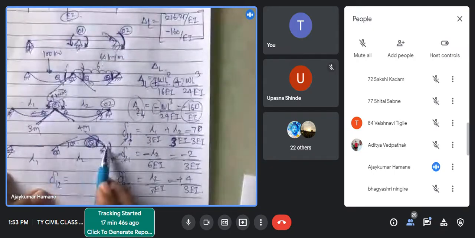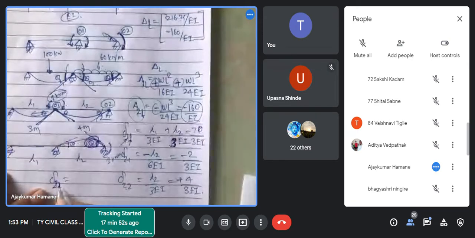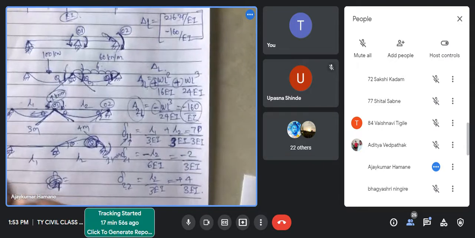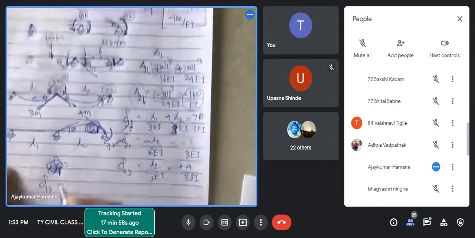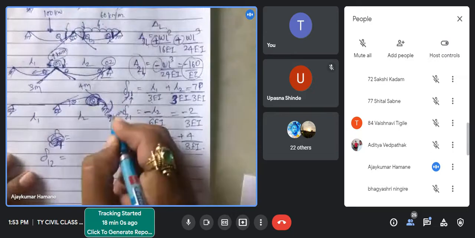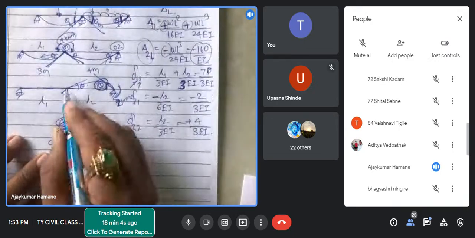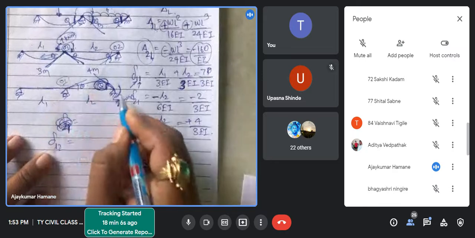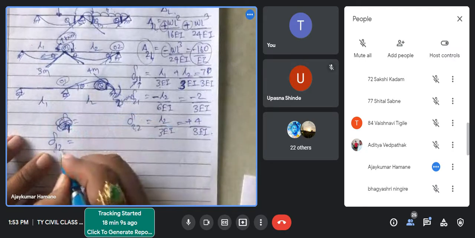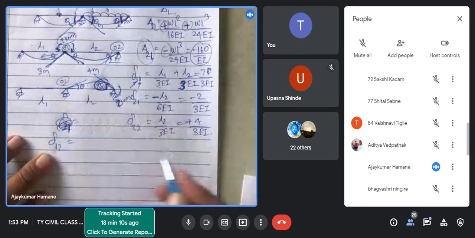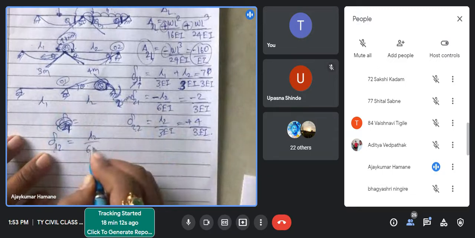Sorry, delta 1 2. This is coordinate 2. What is delta 1 2? Displacement at coordinate 1 due to the unit moment applied at coordinate 2. How much? Again half of that one, that is L2 divided by 6 EI.